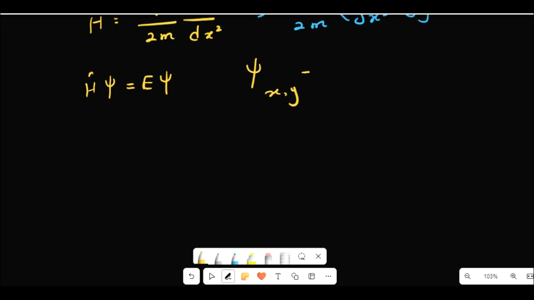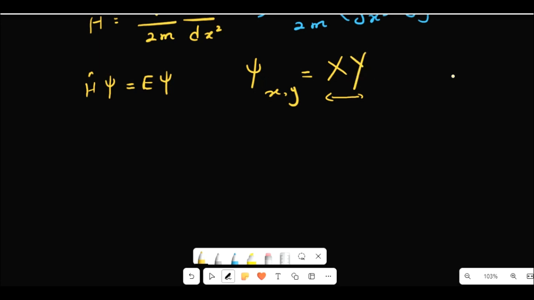So I will represent it like this: X times Y. This is the x component of our wave function and this is the y component of our wave function, right? I will do the calculation in the later part, but just for now let's move forward with this. This contains the x part and this contains the y part of our wave function, right?